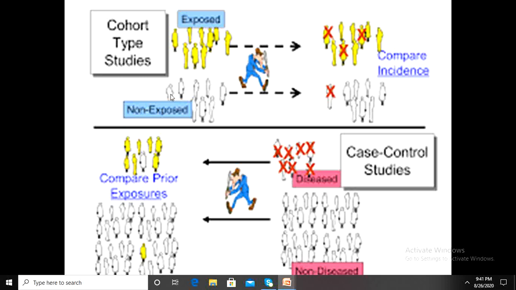But in a cohort study, we start with a cohort, we divide them into an exposed group and a non-exposed group, follow them over a period of time and look at the number of new cases appearing in the exposed population and in the non-exposed population. It means we want to compare the incidence among exposed and incidence among non-exposed in terms of relative risk.